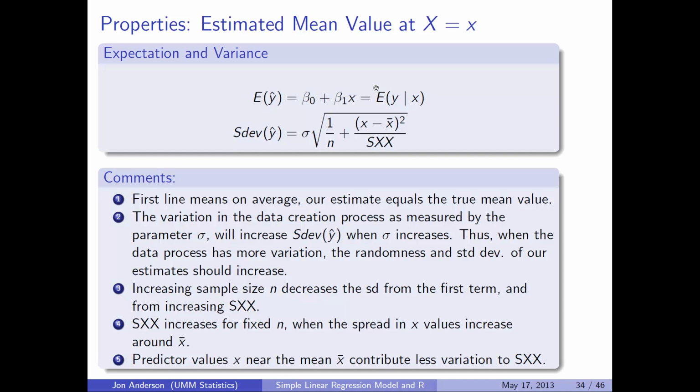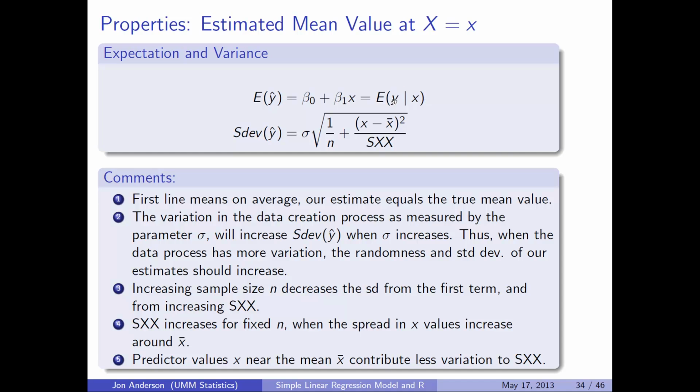It'll produce on average the right thing for the estimated value of y when x is equal to little x. That's what this vertical slash here means. What is the expected value, E, of y when x is equal to x? Turns out that this plug and chug prediction on average is the right value.